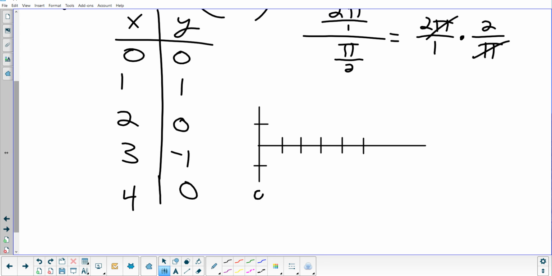I'll put them in just because we're used to doing it. But this is the only problem this week that you could leave labels off and it would still be right. This is 1, -1. And graph the points. 0, 0, 1, 1, 2, 0, 3, -1, 4, 0. And there's your graph.